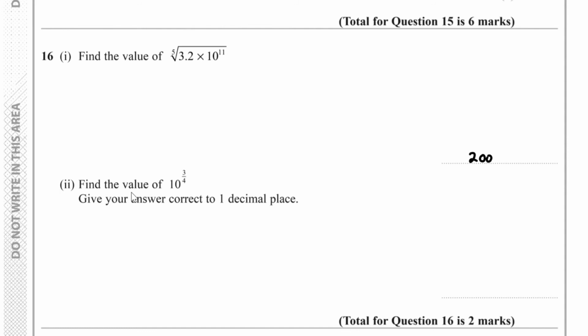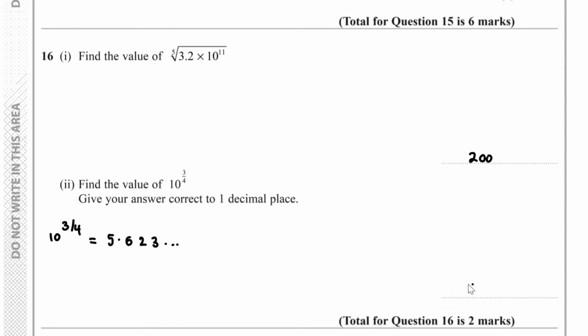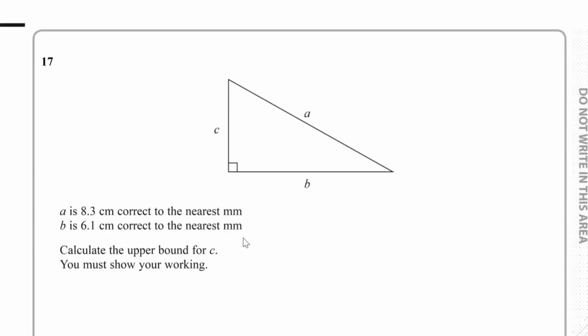And now we have to find the value of 10 to the 3/4 for the second part, giving our answer to one decimal place. Well, 10 to the power of 3/4 is equal to 5.623, etc. So to one decimal place, we have 5.6.